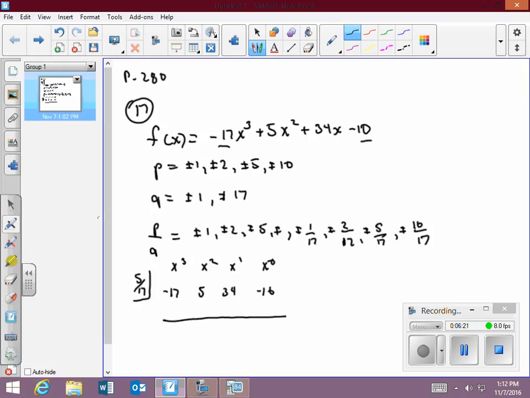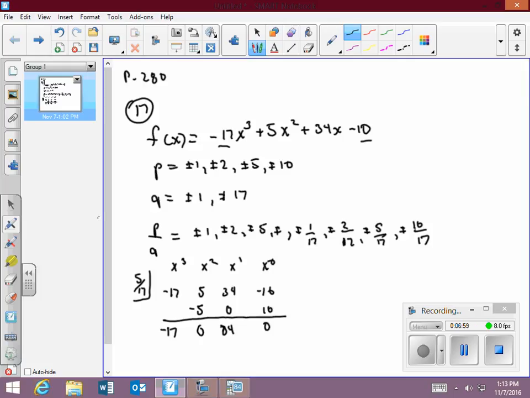So now what I'm going to do is bring that 17 down, minus 17. Then I multiply 5/17 times a minus 17. That's a minus 5, isn't it? It's looking good so far. We got a 0. 0 times 5/17 is 0. 34 comes down. And now 5/17 of 34, 17 goes into 34 twice. 2 times 5 is 10, and I get a 0.